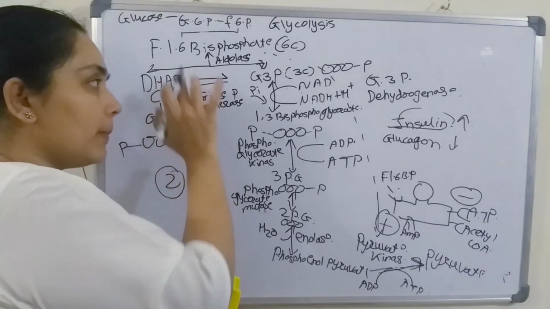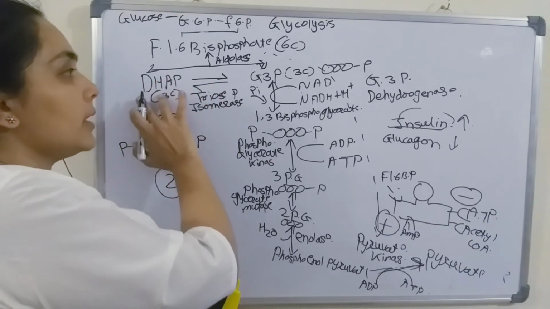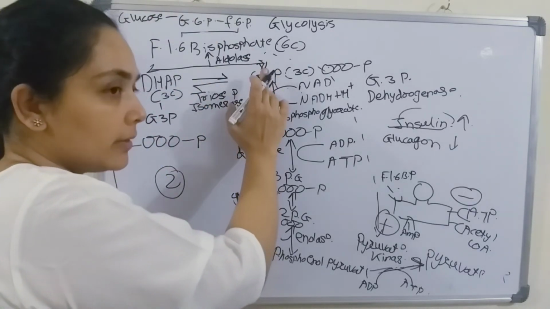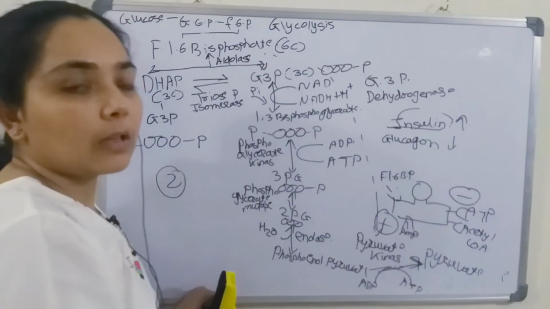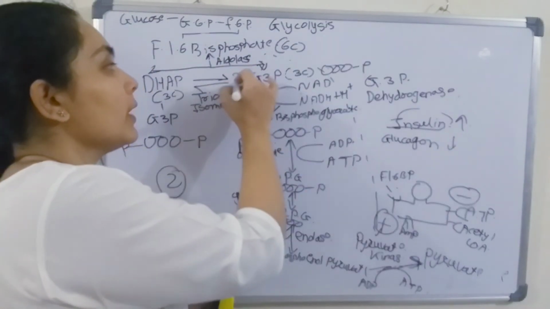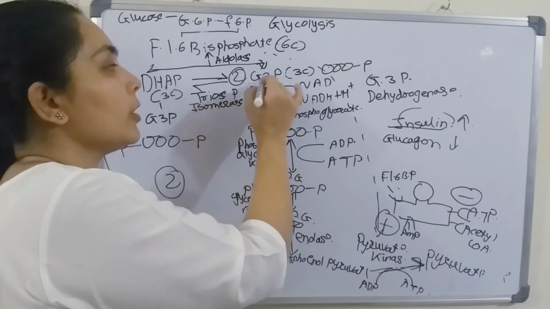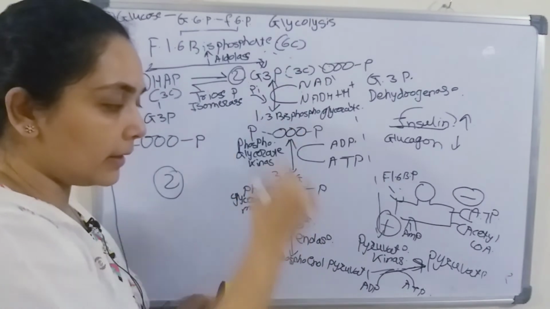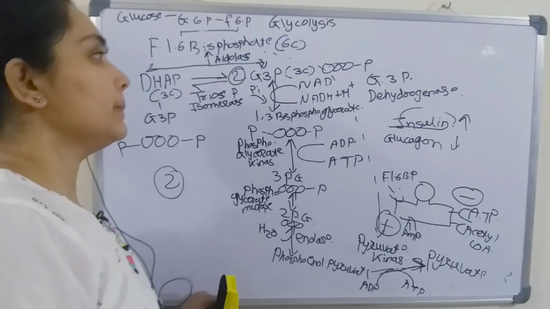But under biological conditions, dihydroxyacetone phosphate will convert to glyceraldehyde 3-phosphate, and that will undergo the further reactions of glycolysis. Therefore, we can consider that 2 molecules of glyceraldehyde 3-phosphate are entering the glycolysis steps.